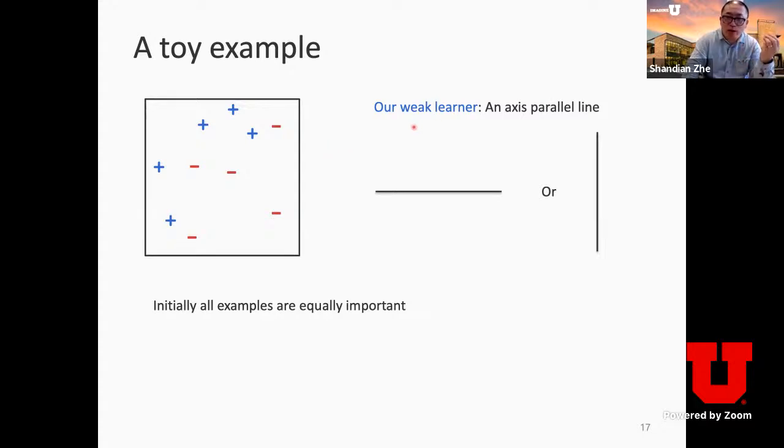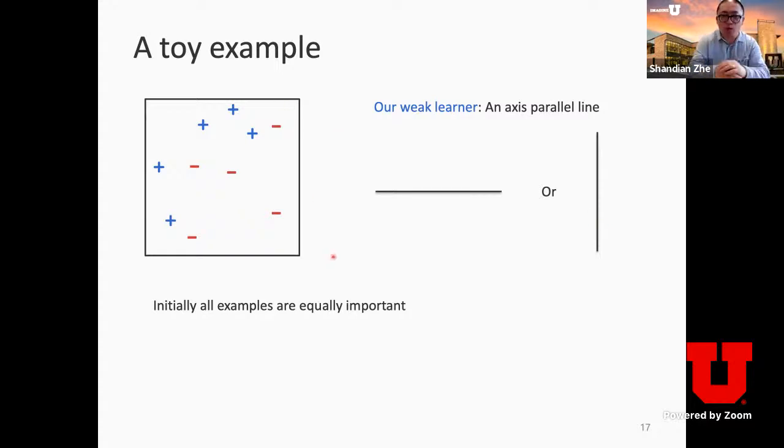Our weak classifiers are just two types. One weak classifier is a horizontal line, meaning a line parallel to the x-axis. The other weak classifier is a vertical line parallel to the y-axis.